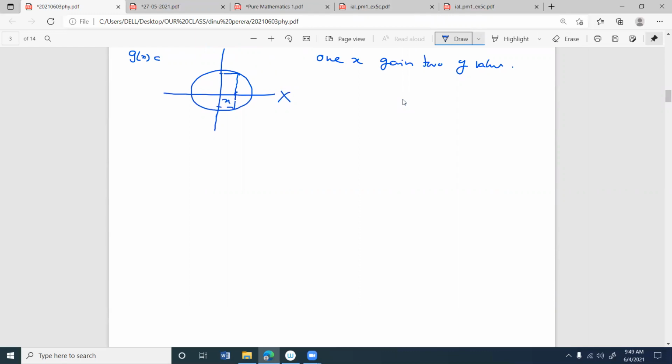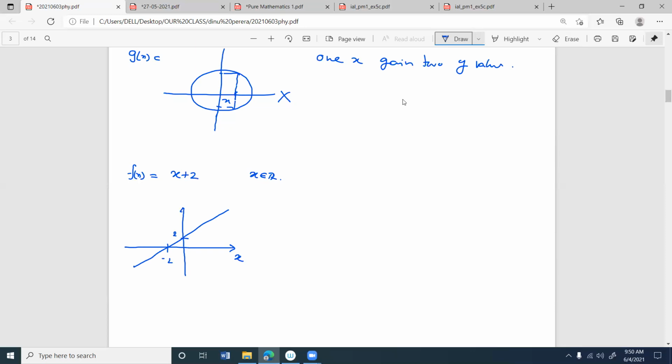We'll see. You have been given the function f(x) equals x plus 2. They have given x is any real number. We need to see whether it's a function or not a function. So we'll draw this and see. It's a straight line over here, 2 and this is minus 2 if we draw it perfectly.